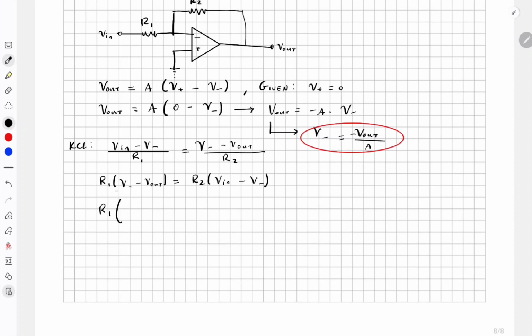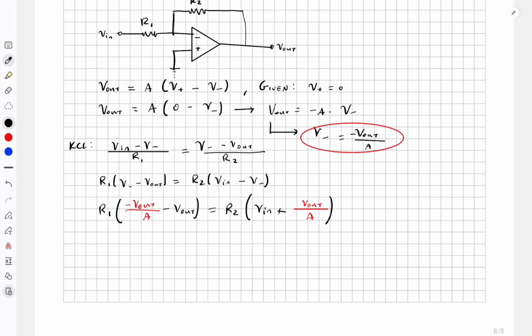So it's R1 times (negative V out over A minus V out) is equal to R2 multiplied by (V in minus negative V out divided by A). This is a positive sign here, since a minus and a negative becomes a positive sign.